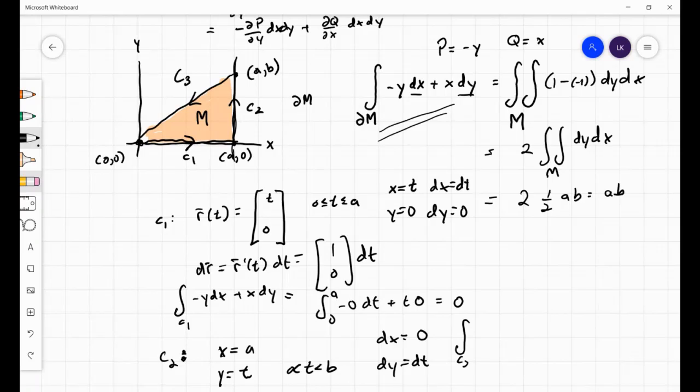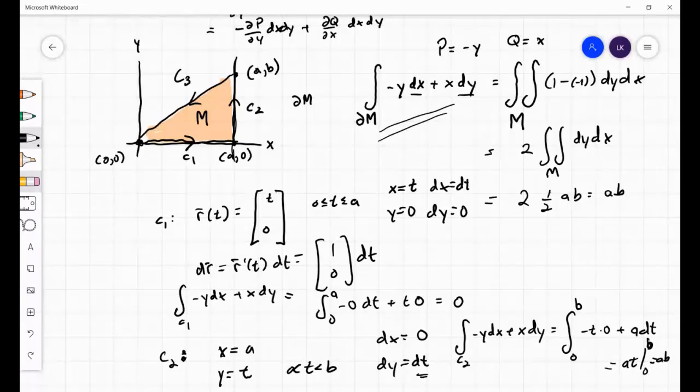So then our integral over C2, we just apply the parametrization. Y is t, dx is 0, x is a, and dy is dt. So we just get a dt from 0 to b. So you get ab. Okay.